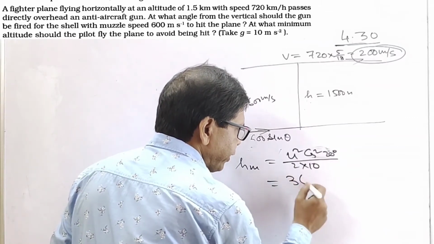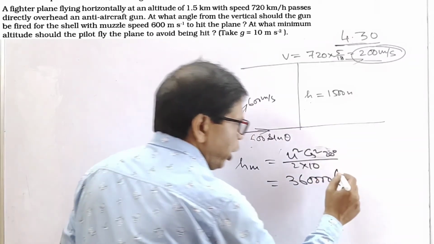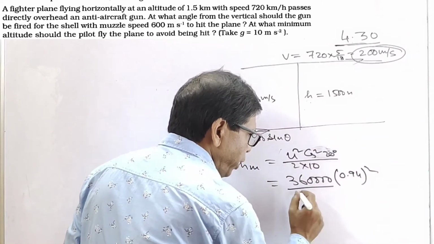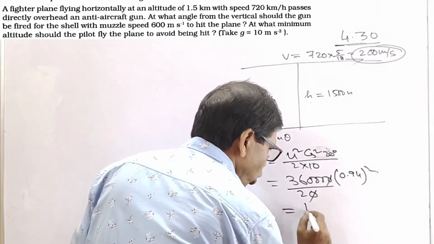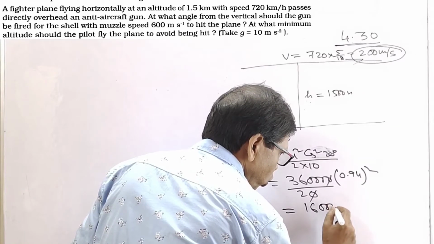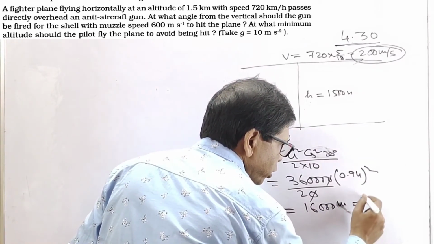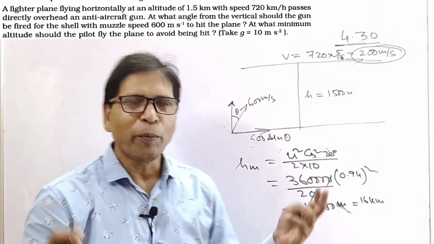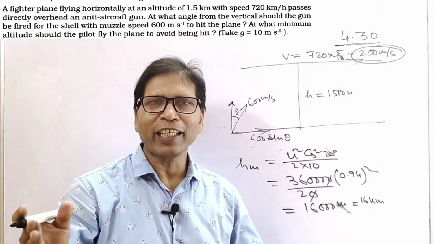So look at this, this is 36000 into cos square 20 degree, this is 0.94 whole square, divided by 20. This and this cancel out, and so this is almost 600 meter, that is 16 kilometer. Therefore the minimum height of the fighter plane should be 16 kilometer.